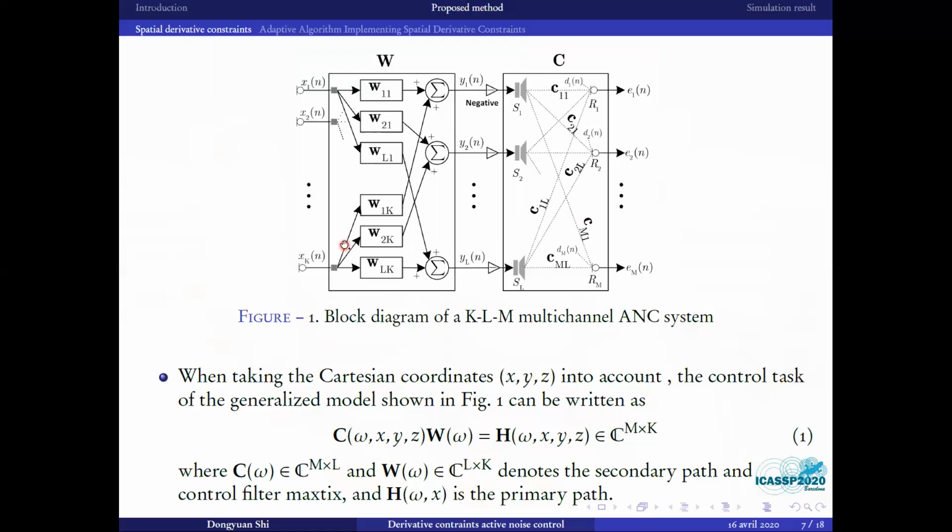The general task of this control system is to find the optimal control filter W to make its product with the secondary path matrix equal the primary path matrix, as shown in equation 1. This equation is the system control equation.